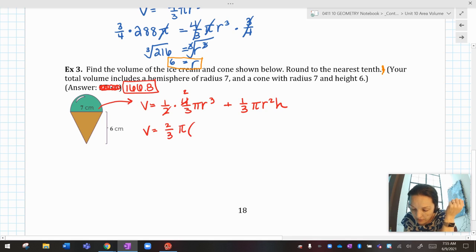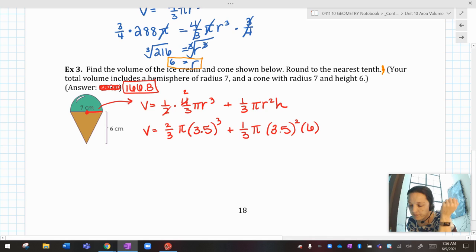So I have 2/3 pi, and my radius is 3.5. And then 1/3 pi, 3.5, and the height is 6. So then what you're going to do is take your calculator out and type all of that into the calculator, and you will get 166.8.